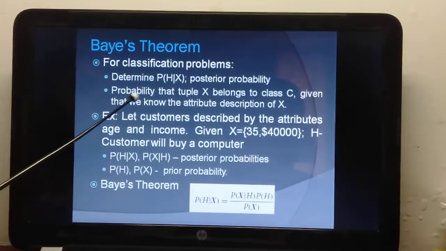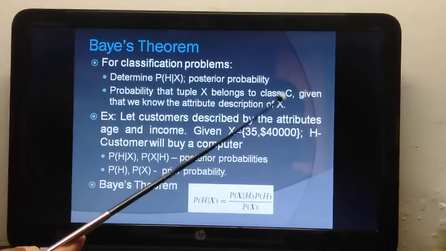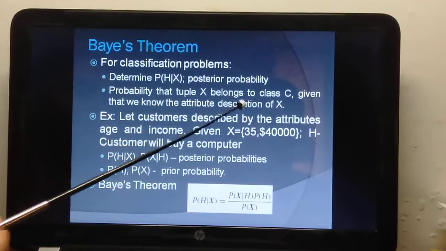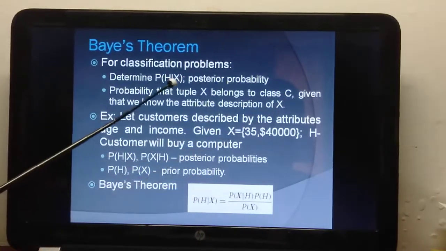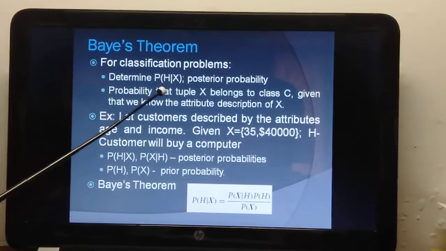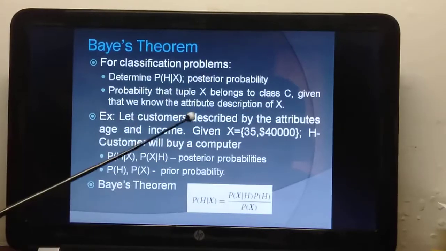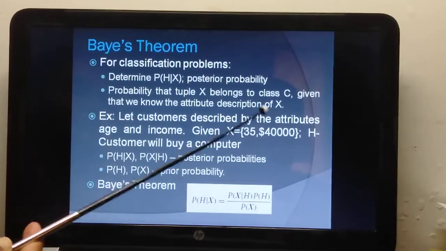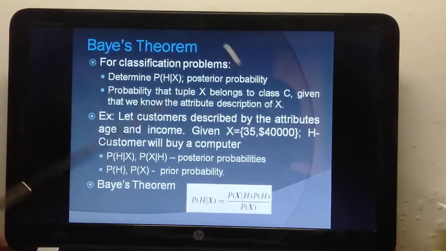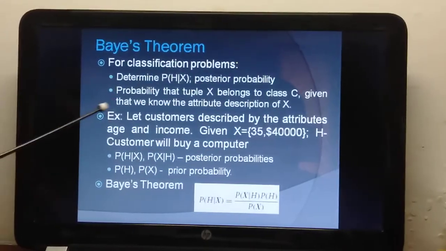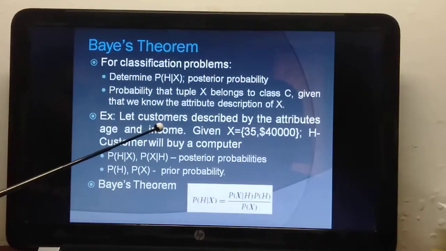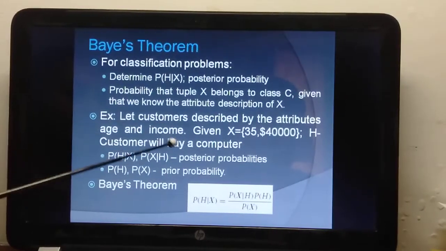The probability that the tuple X belongs to a class C, given that we know the attribute descriptions of X, is what we are going to find out using Bayes classification. An example: let the customers be described by the attributes age and income.